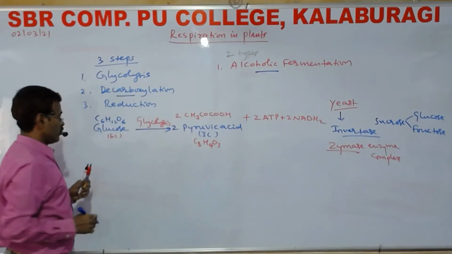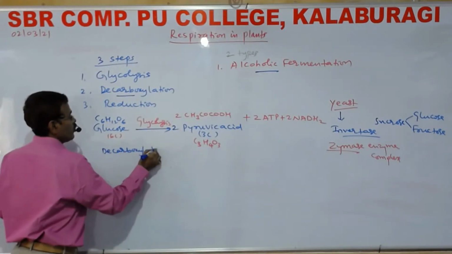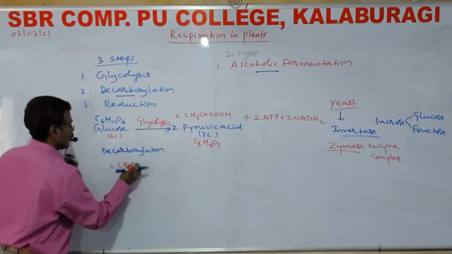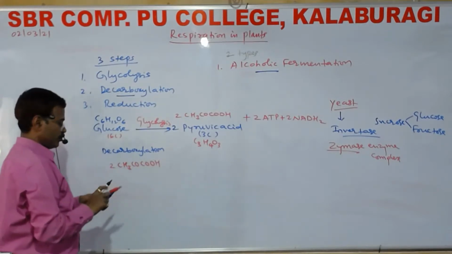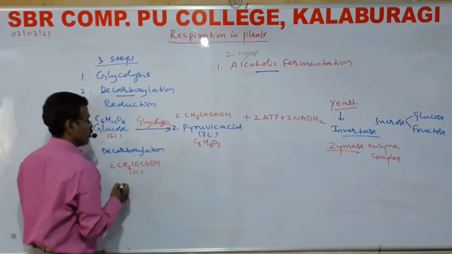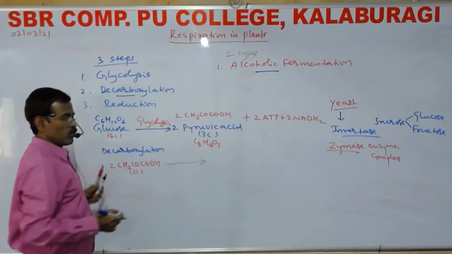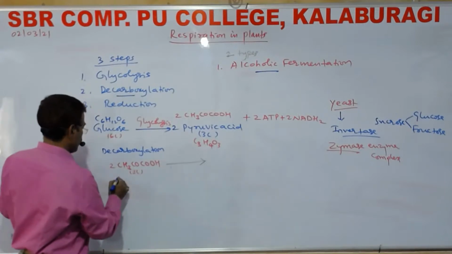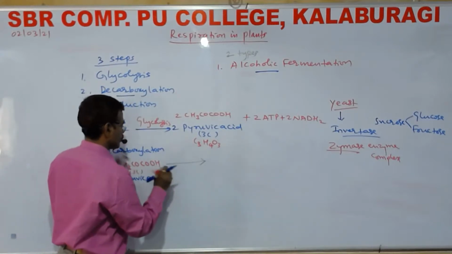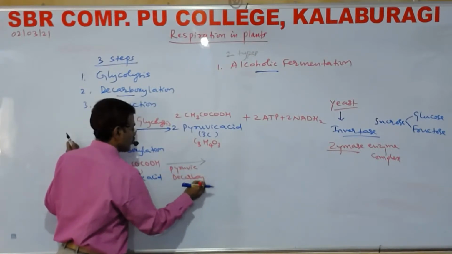Now, the second step, that is decarboxylation. The two molecules of pyruvic acid will undergo decarboxylation with the help of the pyruvic decarboxylase enzyme.